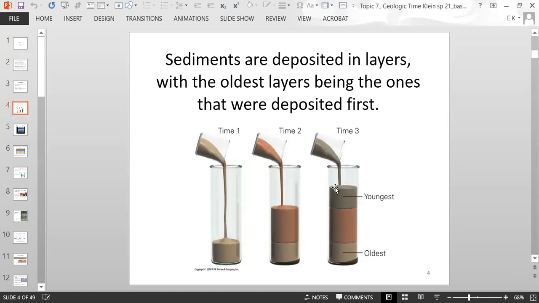And then later on, you have this darker gray sediment poured on top of all that. So when you look at the third glass, the one that was poured first is at the bottom. So that's the oldest. The most recently poured sediment is at the top, and that's going to be your youngest layer.